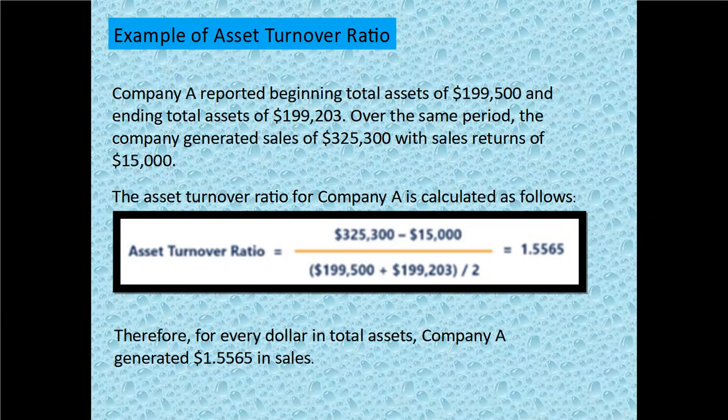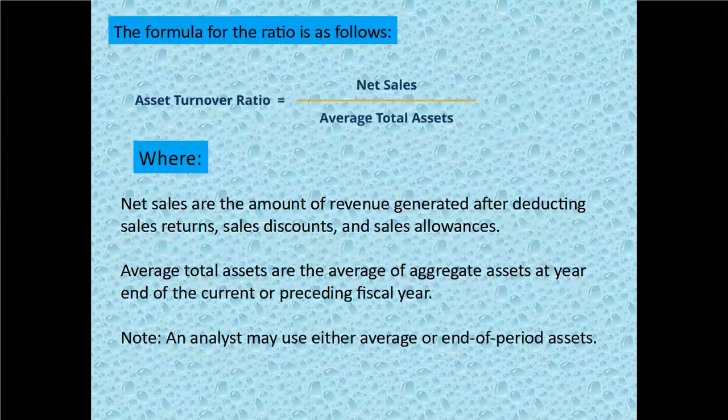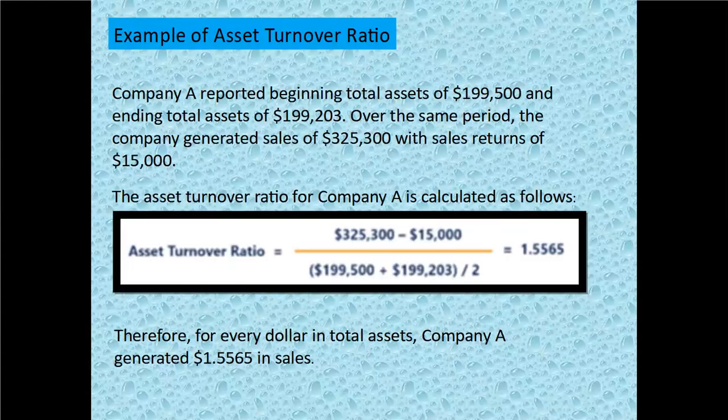And over this 1 year financial time period, the company has generated sales of 325,300 US dollar with sales return of 15,000 US dollar. And as you know, we need to subtract the sales return from the sales, based on this formula.